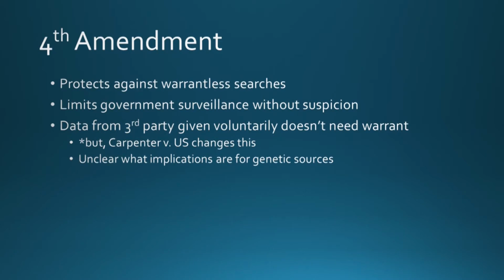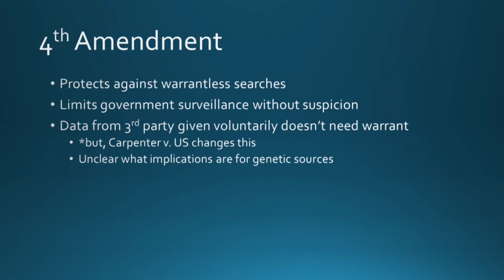So if you go to GEDmatch and the person has voluntarily shared their information, or investigators knock on Ancestry.com's door, I don't even know if they have a door, they email them and say, would you be willing to give us this information? And if Ancestry or any of these companies said, sure, here you go, then that's the third-party doctrine. It was given voluntarily, and so the person doesn't have an expectation of privacy once they've given that information out into that world, and that third party can give it elsewhere.